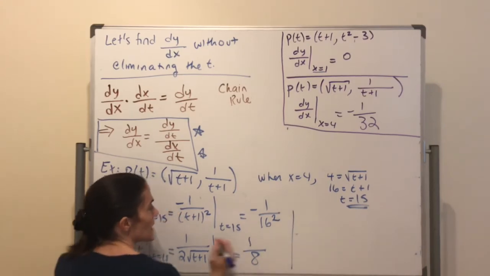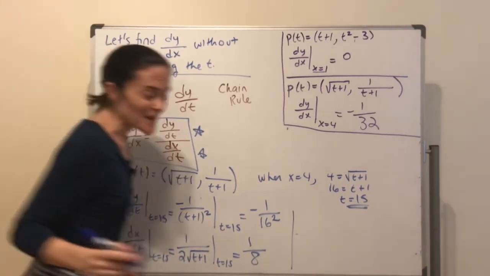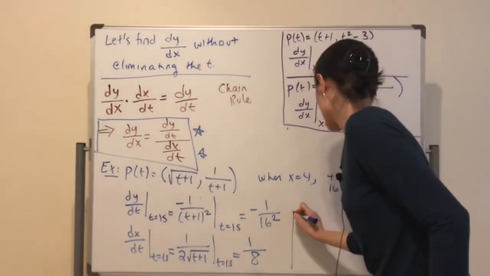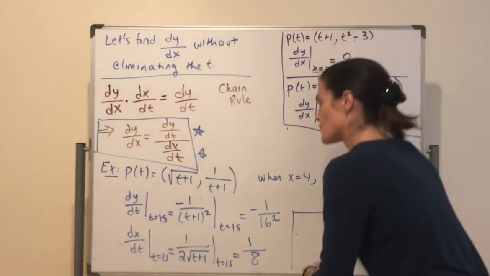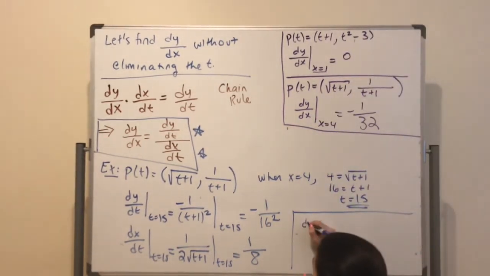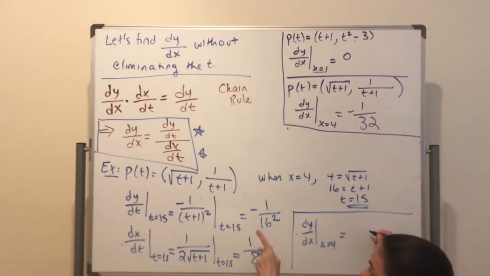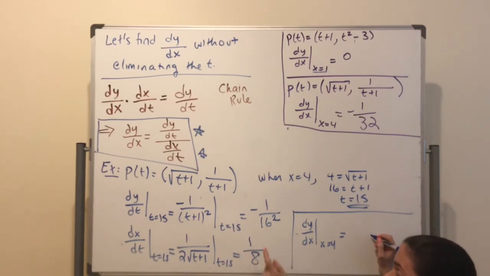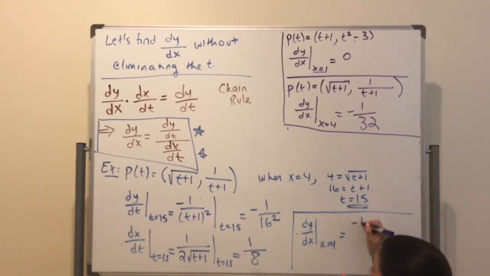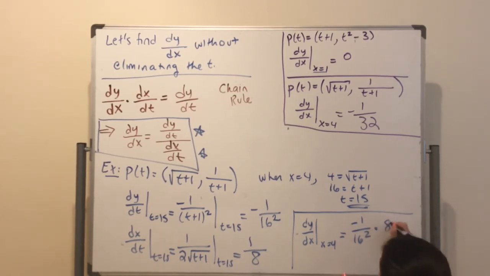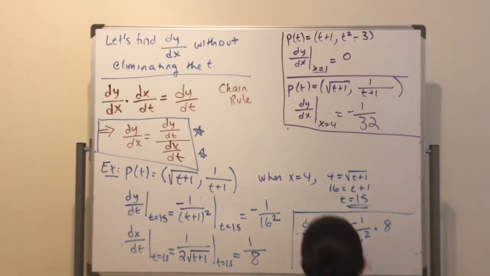So now I have a little room left over here. dy/dx at x equals 4. Well, we just take this divided by this. So it's negative 1 over 16 squared times 8.